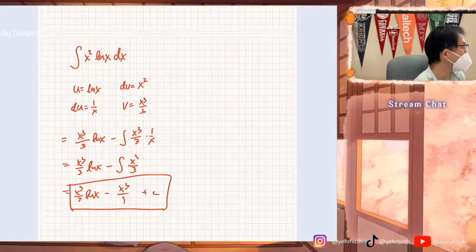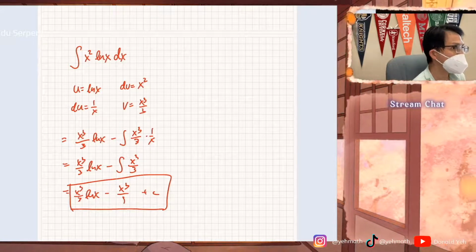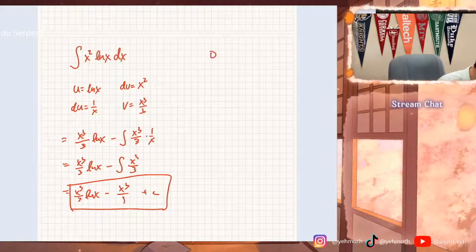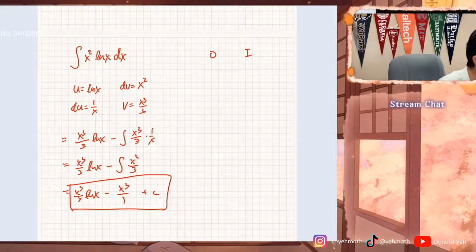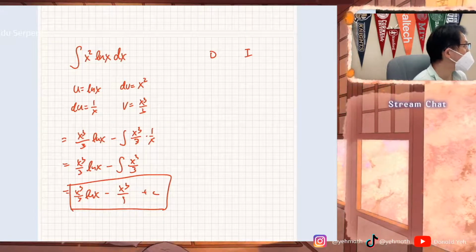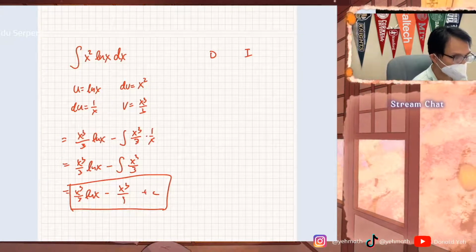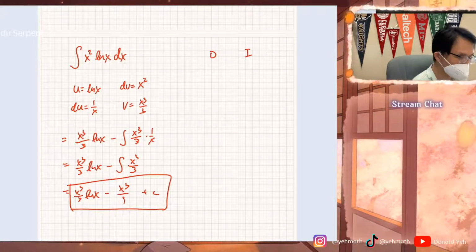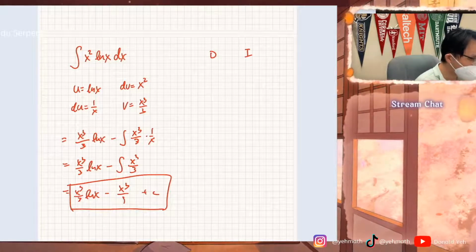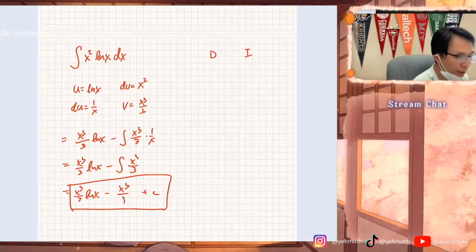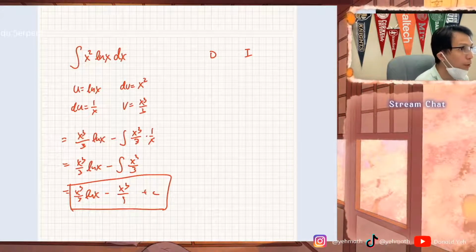Now I'm going to show you a cool method. It's called the DI method. The DI method is a very simple integration by parts. D is always in terms of u, right? u is equal to what?